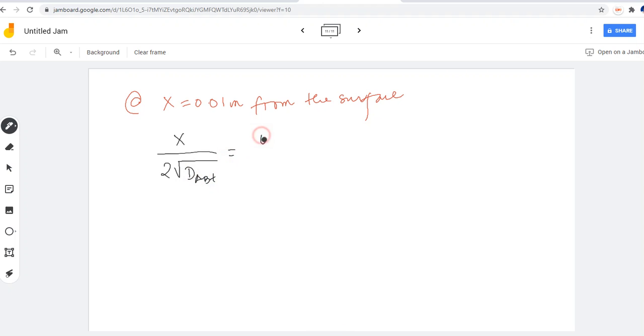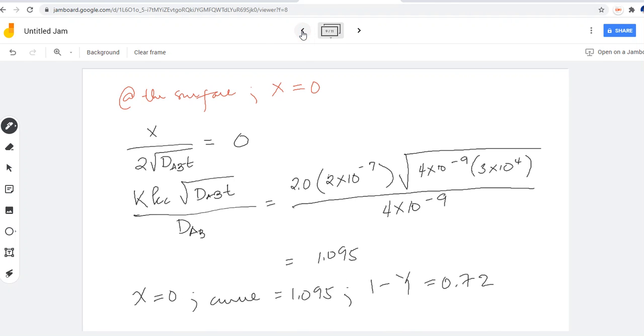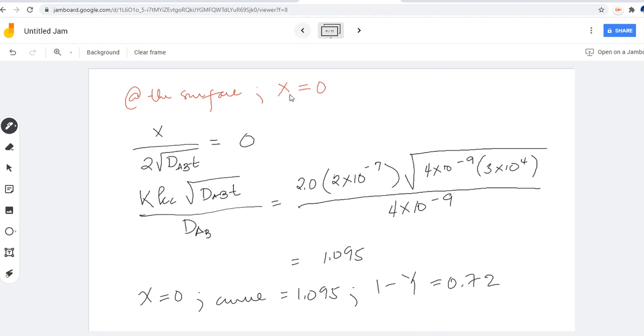So now you will have 0.01 here, divided by 2 times the square root of our D_AB and the time, which is 4 times 10 raised to negative 7 times 3 times 10 raised to 4. So you will have an abscissa value in this case equal to 0.457, and you will have to determine the other value, which is for the curve.